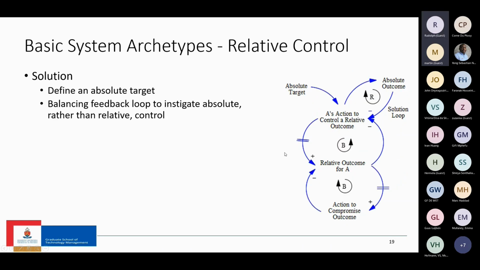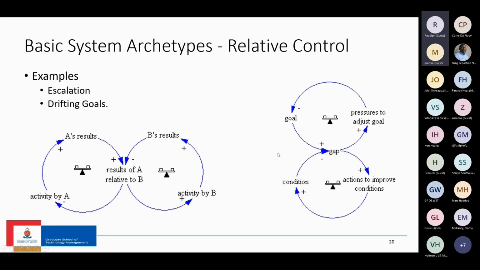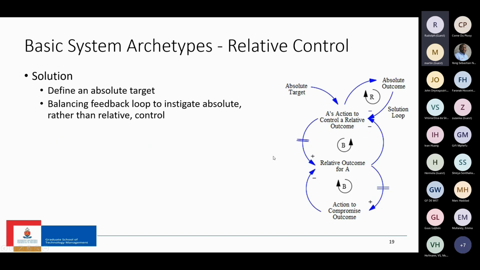So if you go to your relative control, the threat is that you either escalate or you're going to drift away between the two balancing loops. That is when you need to have an absolute value target, or an absolute outcome that you can control with the reinforcing loop, to make sure that you don't run away or drift away too much.